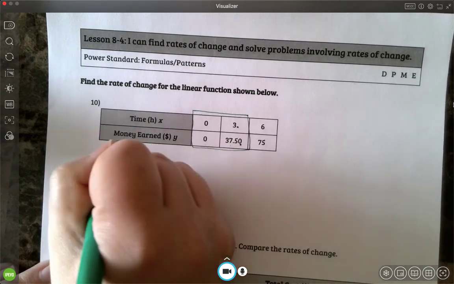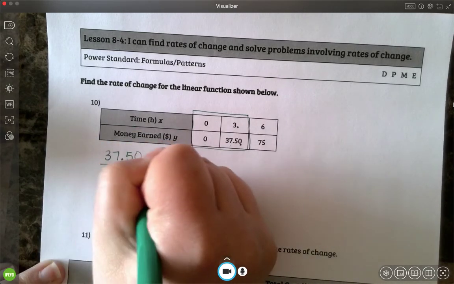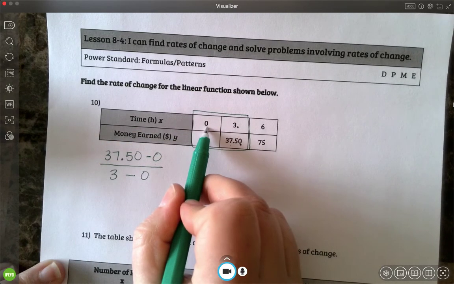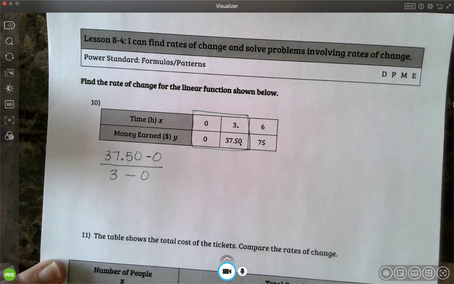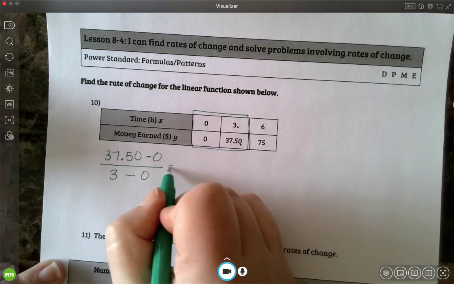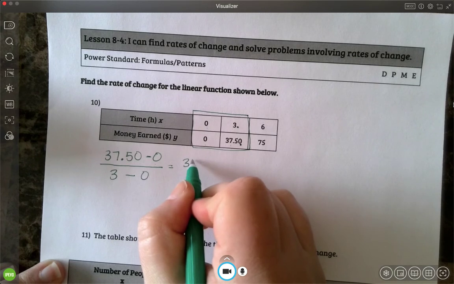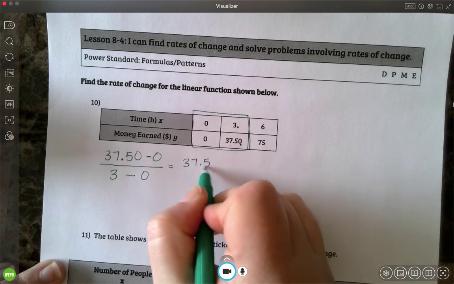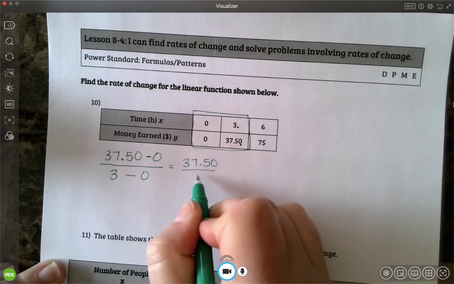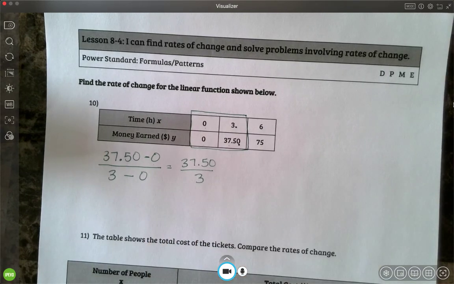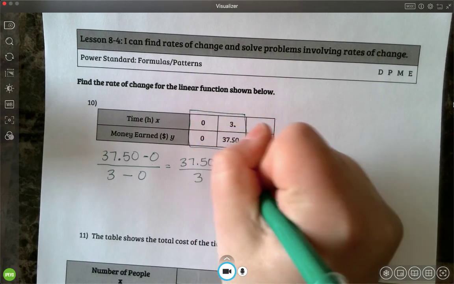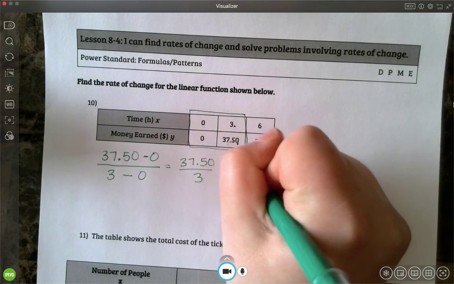So I'm going to say 3 minus 0, since 0 came before 3 on the table. Now, 3750 minus 0 is just 3750. 3 minus 0 is just 3. So then I'm going to divide 37.50 divided by 3, and I find out that the answer is 12.50.